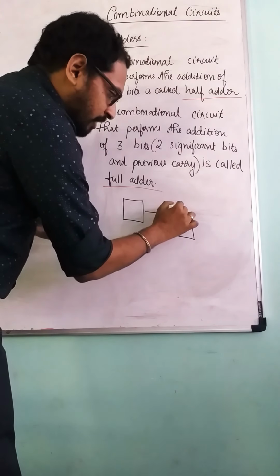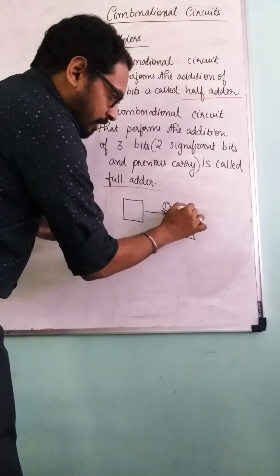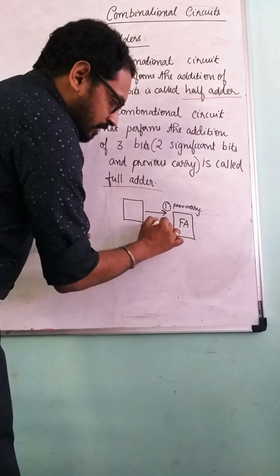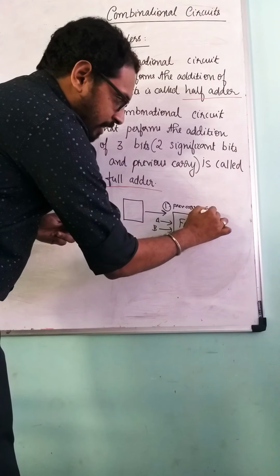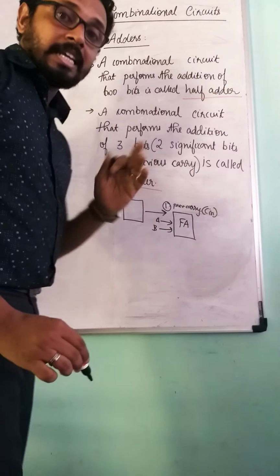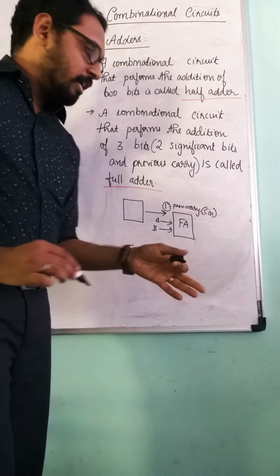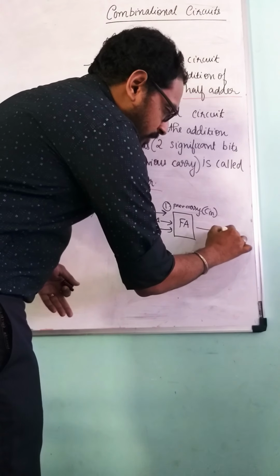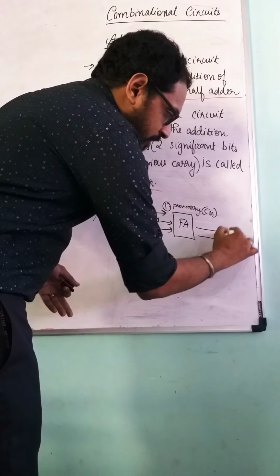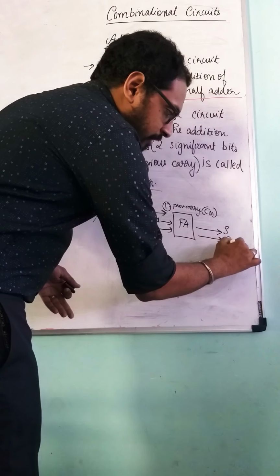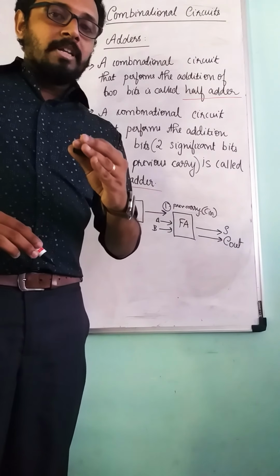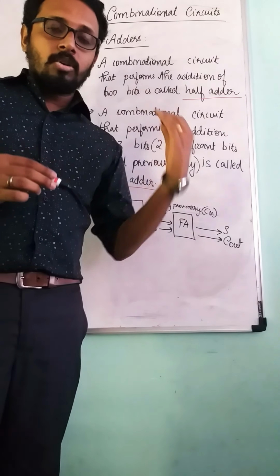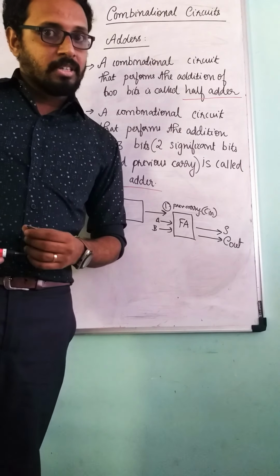This can be the previous carry, and the adder contains two inputs A, B. The previous carry is C in, that is, the carry input. This can produce two results, sum and carry out. I will explain it in detail when we discuss all these topics in the coming sessions.